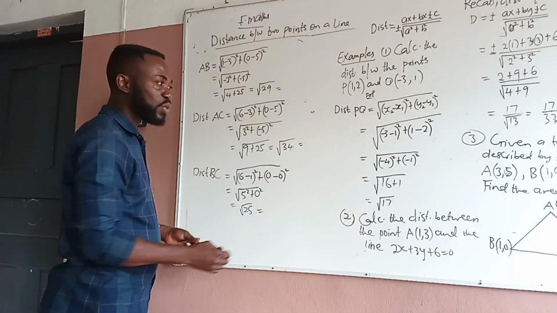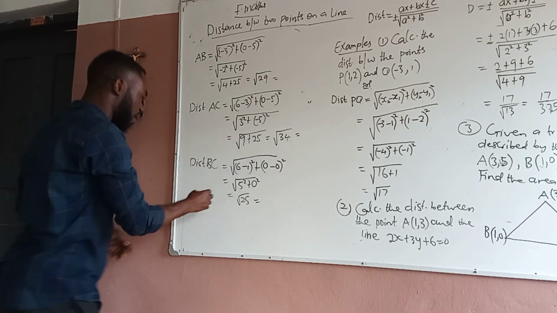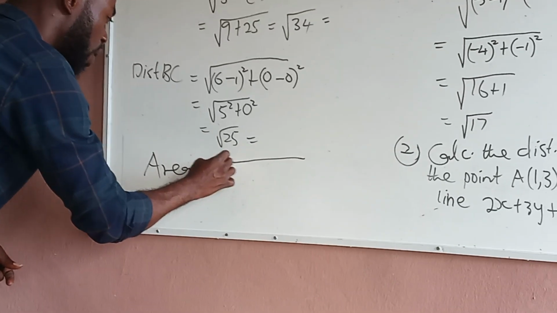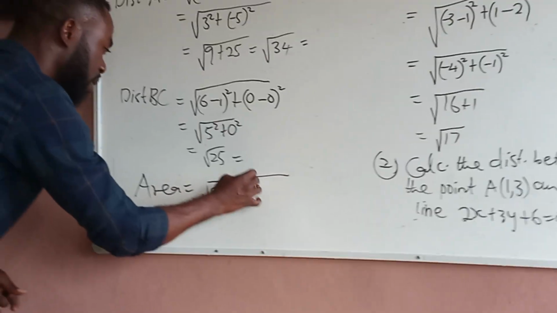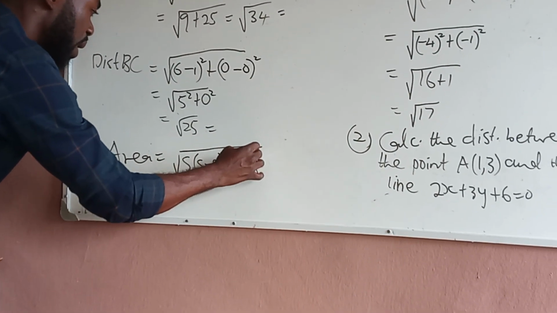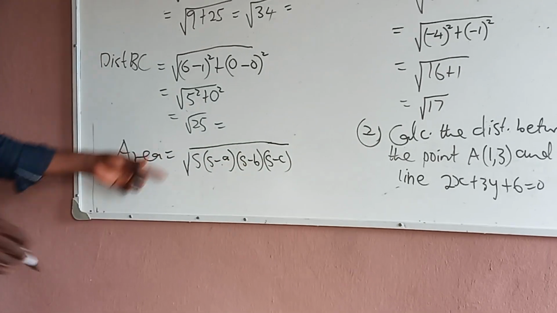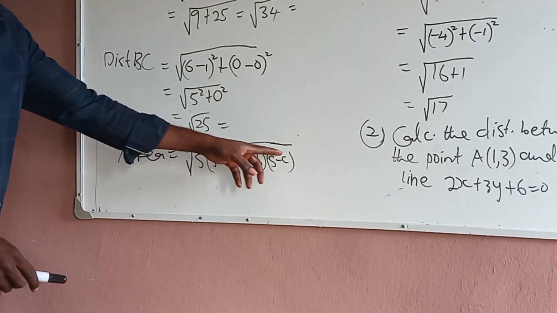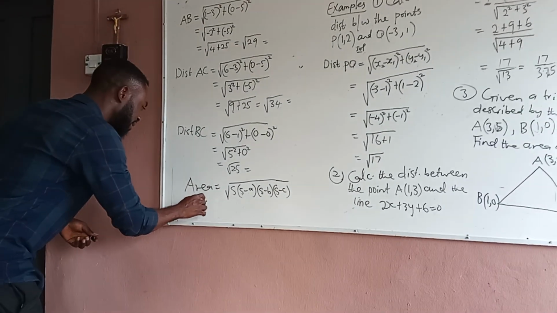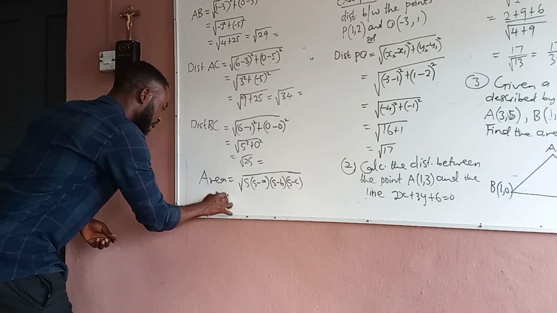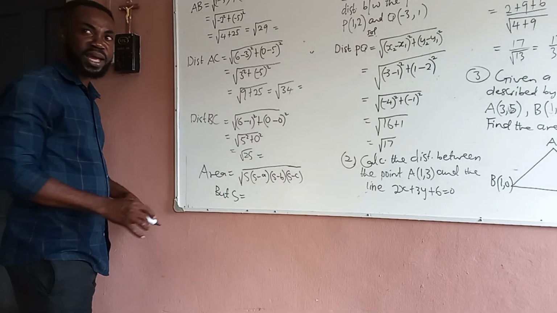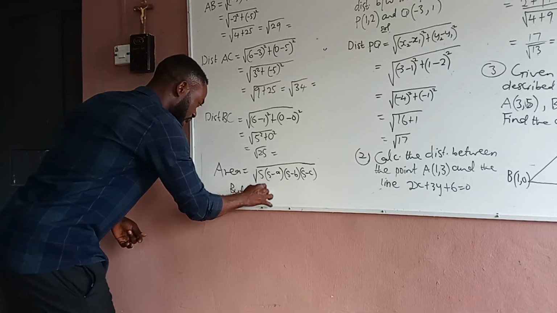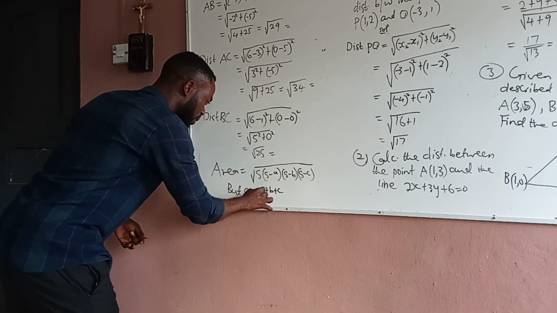A triangle whose three sides are now known will be calculated by the formula area equal to square root of s times (s minus a)(s minus b)(s minus c), called Heron's formula, where a, b, and c are the three sides, but s is known as the semi-perimeter, and it is computed separately with the formula a plus b plus c divided by 2.